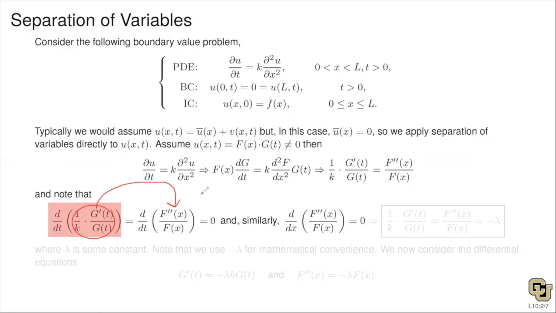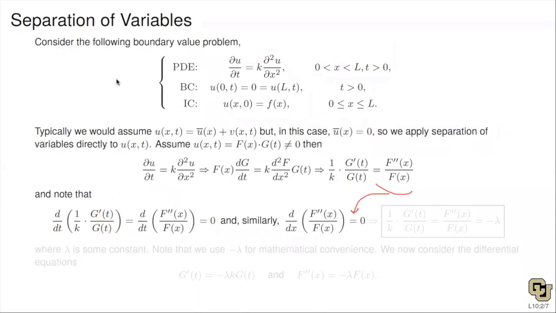So let me just put that in. And now I know the t derivative of a function of x will be 0. So the t derivative of this original left-hand side, just supposed to be a function of t, its t derivative is 0, so it's a constant. Similarly, the x derivative of the right-hand side is 0, so it's a constant.